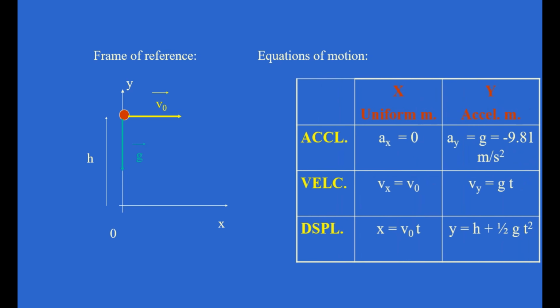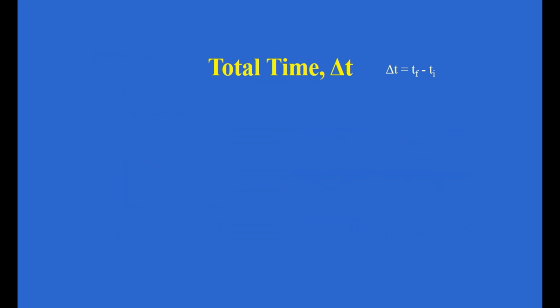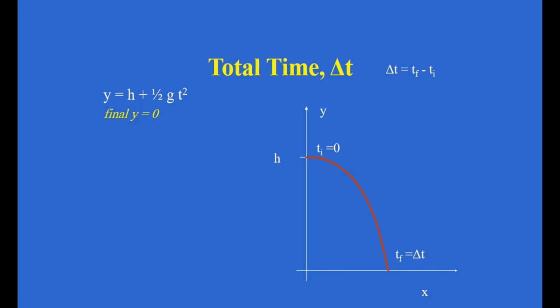Equations of motion. This is the table of equations of motion. Total time delta t. This is the frame. y equals h plus half g t squared. Finally, y equals 0, so 0 equals h plus half g delta t squared.